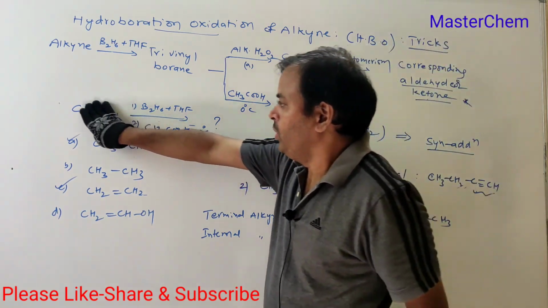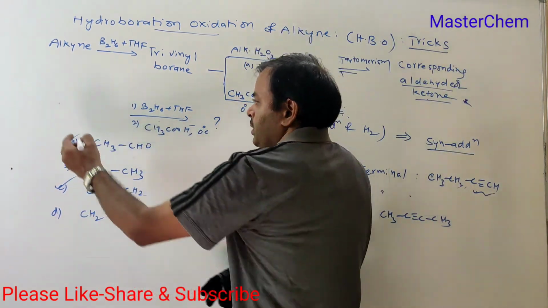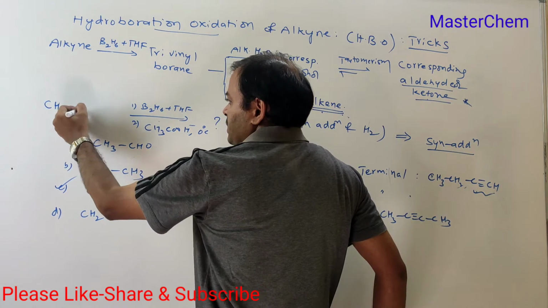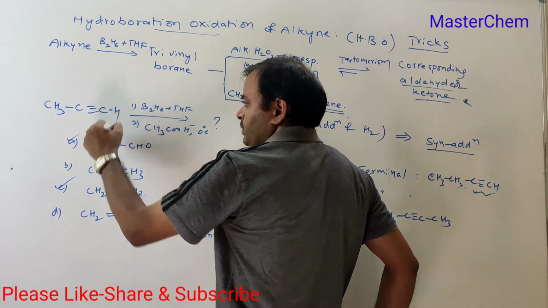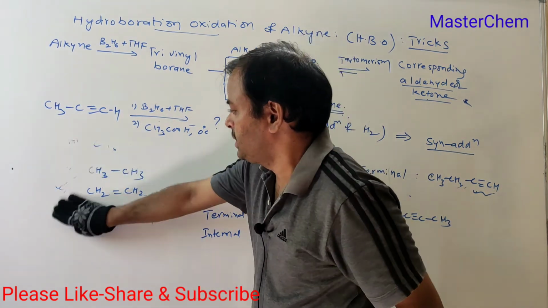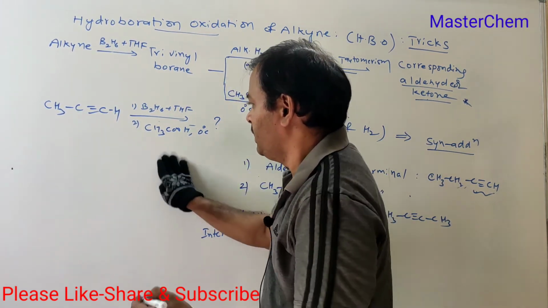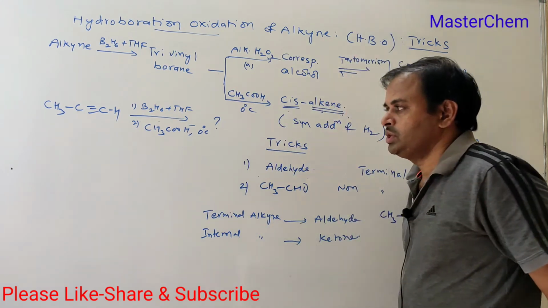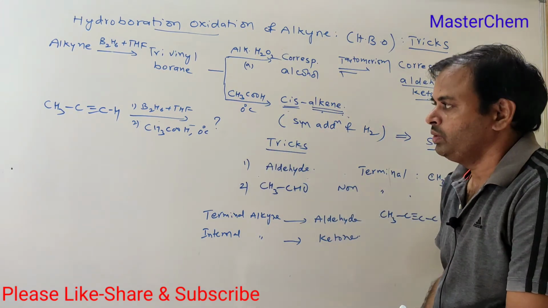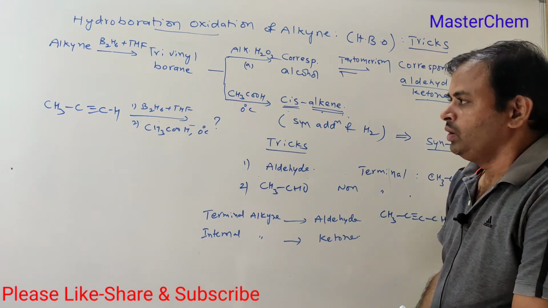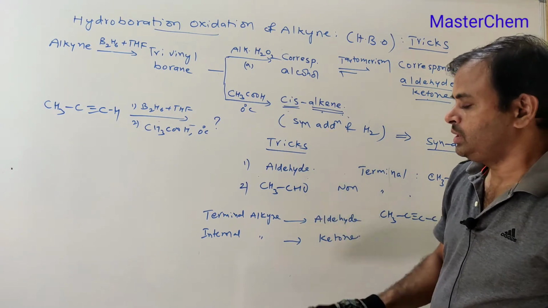Okay, now if you take CH3C triple bond CH, and this is the reaction, I am not giving any option here, so you have to write the product by using this trick. What is the trick?